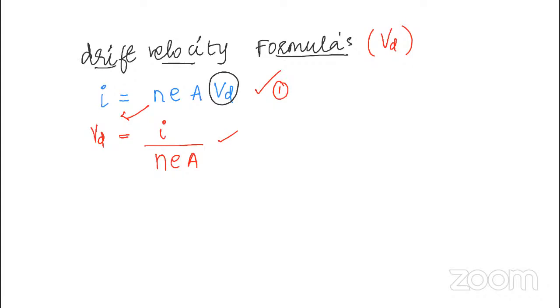Then we can go for another form, that is Vd is equal to, as we already know, I by A. What is the value of I by A? Tell me. Put it in the comment box.